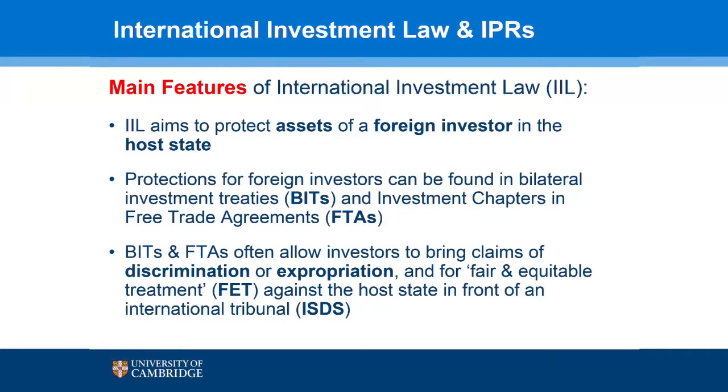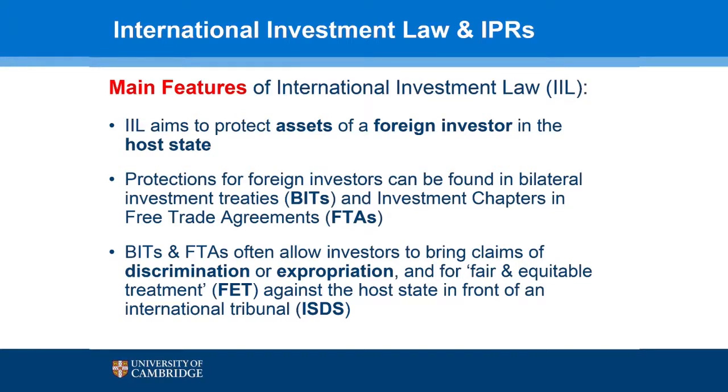As I've mentioned, the international tools for protecting these investments are primarily in the form of bilateral treaties called bilateral investment treaties, or BITs, and you also see these investment protections being included in wider free trade agreements.